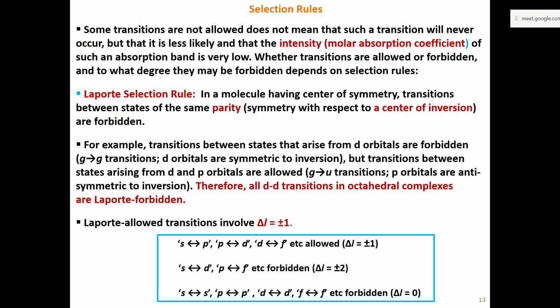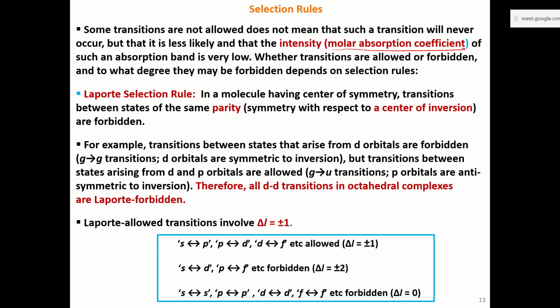Okay, so we call intensity. So the intensity will depend on... Intensity means if the molar absorption coefficient is low, then there is less absorption.